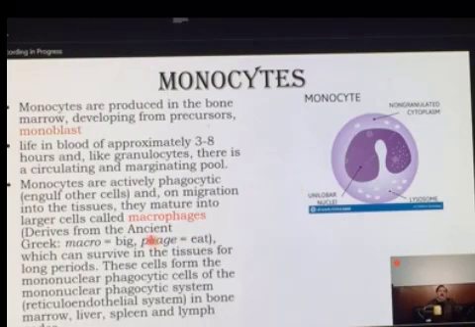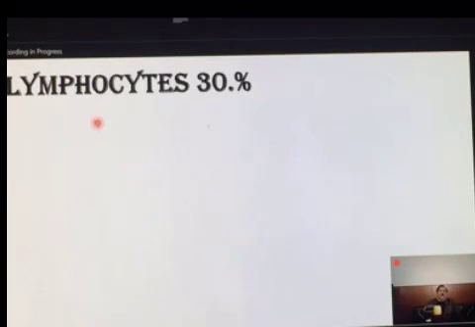When they leave the blood and become part of the tissue, they become enlarged in size, and then they are called macrophages. They then settle down in the lymphatic system, and there they kill and phagocytose the germs, the bacteria, and the viruses. The other form is the lymphocyte, which is 30%.